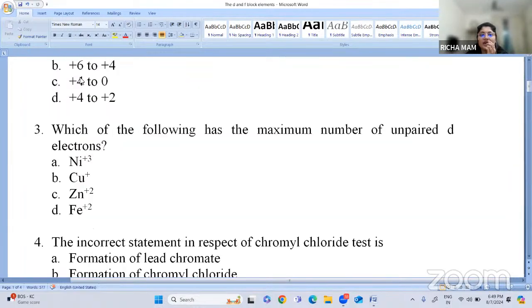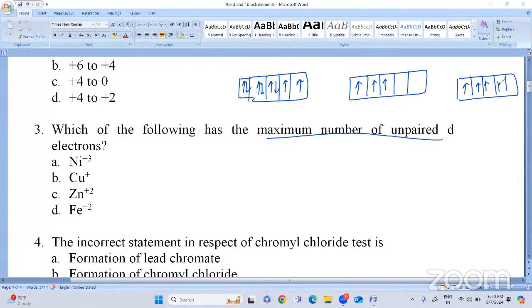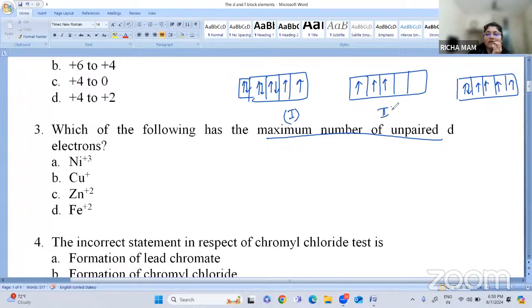Which of the following has the maximum number of unpaired d electrons? So they have asked for the maximum number of unpaired d electrons. Now, what do you mean by unpaired electrons? Look at the first one, second one, and third one.